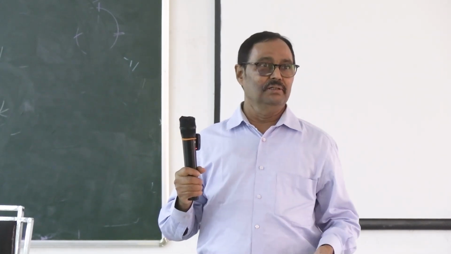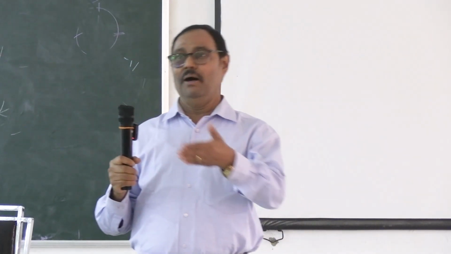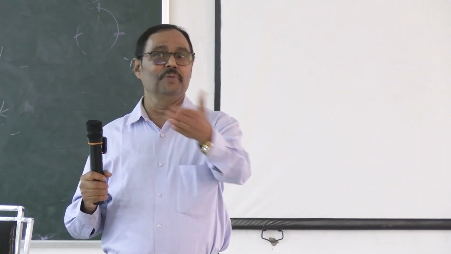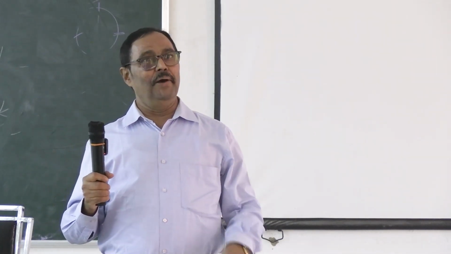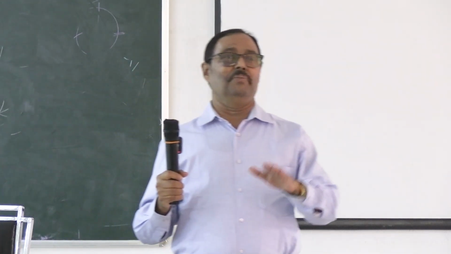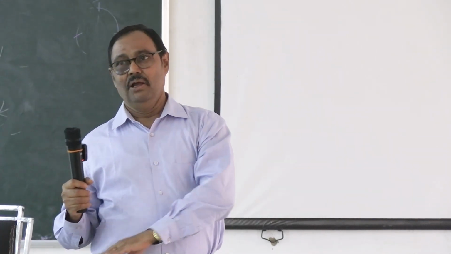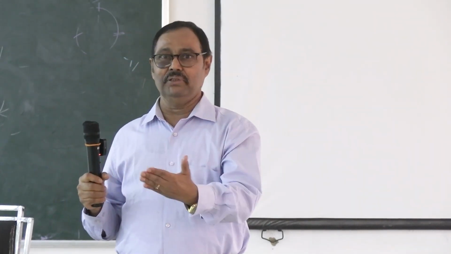So what we see in our ward is that the patient comes to us with varicose veins. Got my point? It is nothing but venous insufficiency. Chronic venous insufficiency. So the varicose vein comes. Why does varicose vein come?